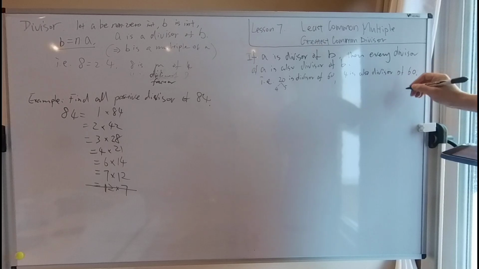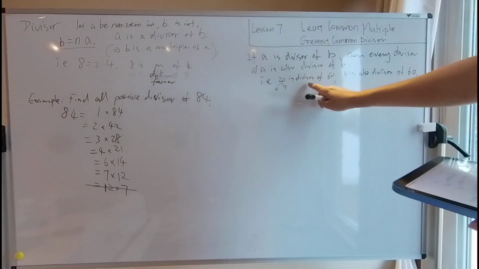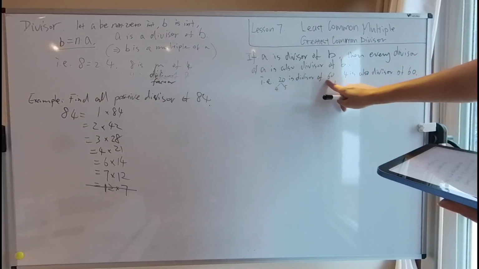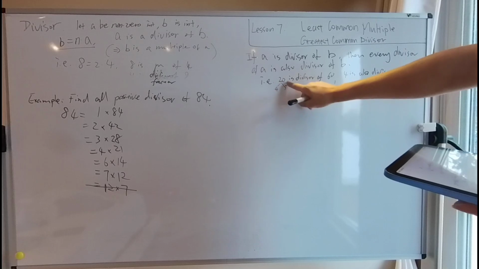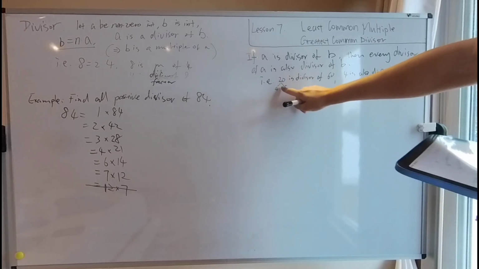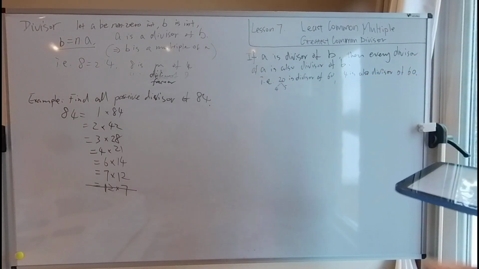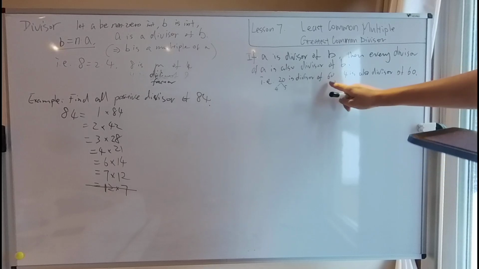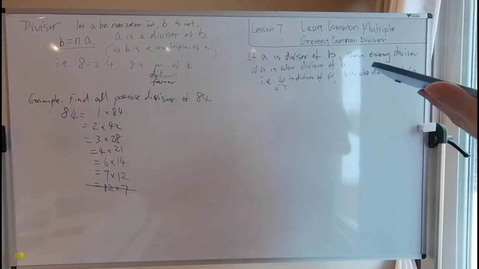And this is very intuitive, because if a number is already a divisor, then the further breaking down of its factor would definitely be a divisor of this number as well.